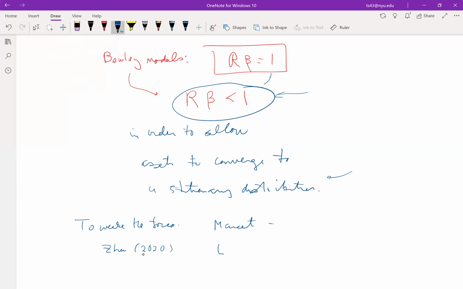What they add is endogenous labor supply and therefore endogenous labor income.